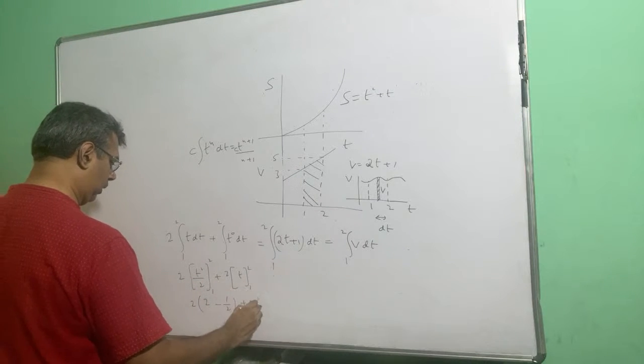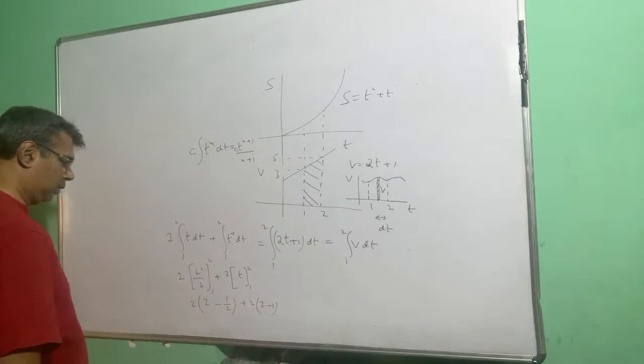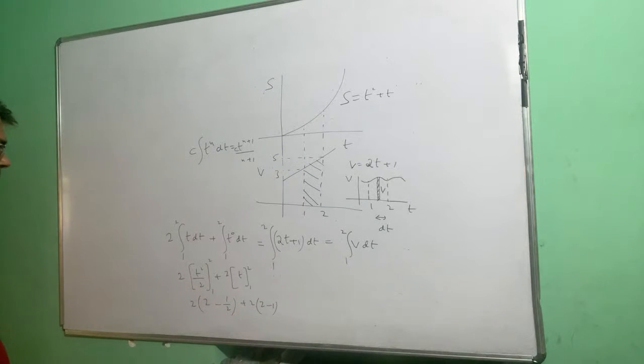Similarly, t from 1 to 2, so if you put 2 it will be 2, and if you put 1 it will be 1.